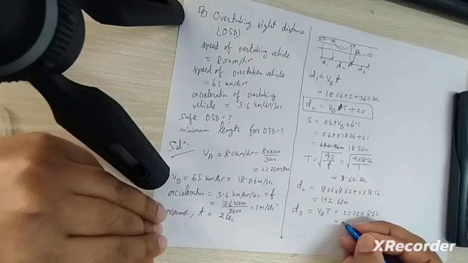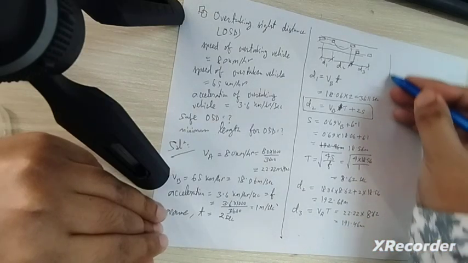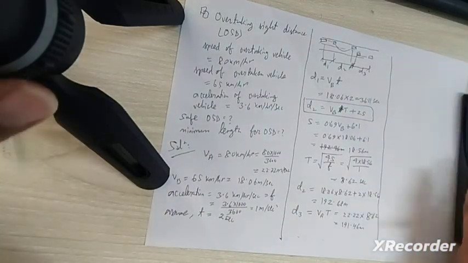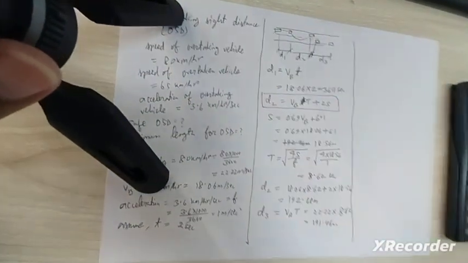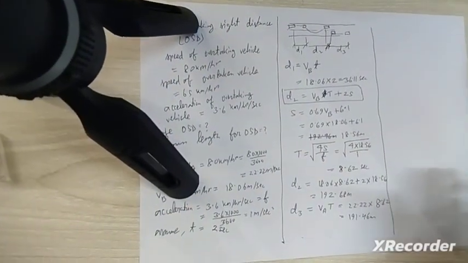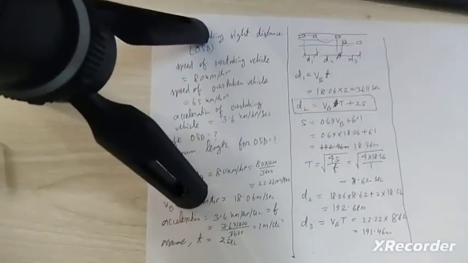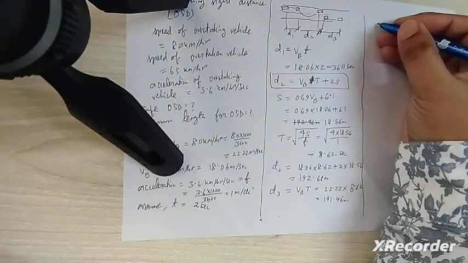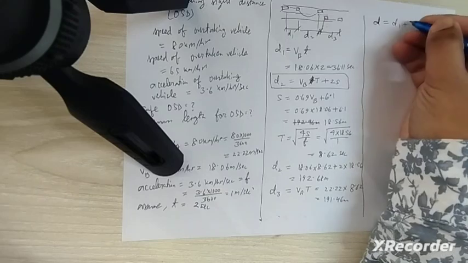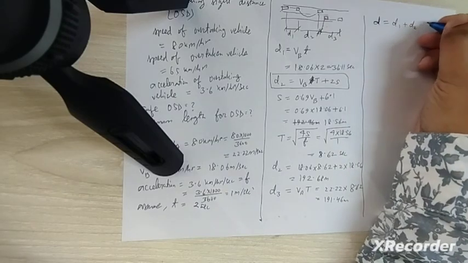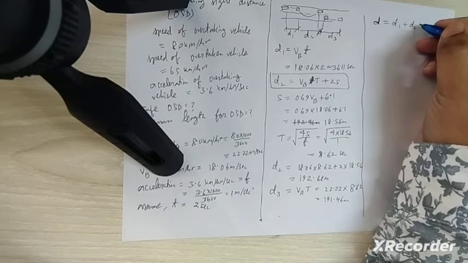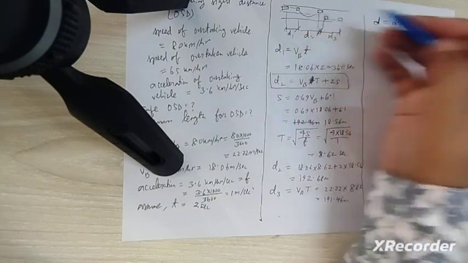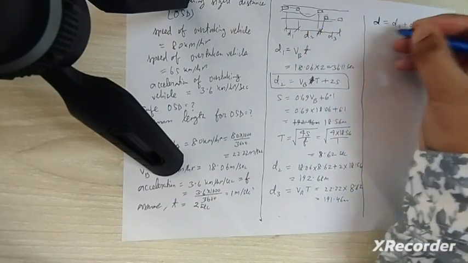So this value gives us 191.46. The calculated overtaking distance will be D equal to D1, the distance traveled by the overtaking vehicle while taking a decision, D2, while it is moving to the opposite lane, and lastly D3.